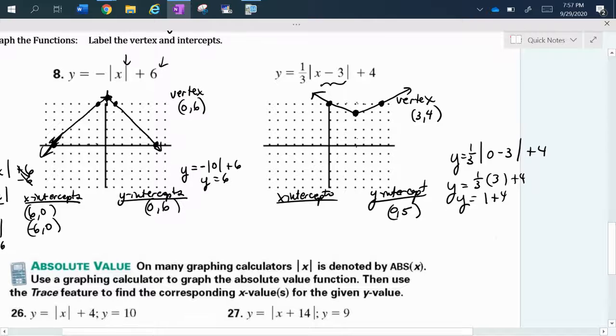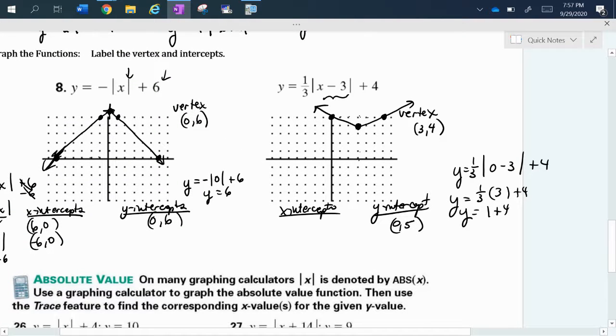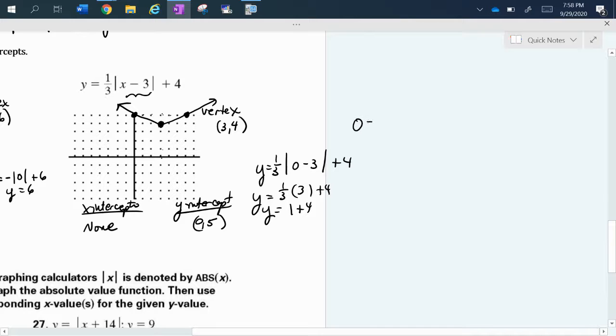And then I'm also going to look at this graph, and I'm going to decide that this graph will never cross the x-axis. So we can say with confidence that there are no x-intercepts. But I want us to show some algebra to prove that. So I'm going to plug in 0 for y and solve for x. First I'm going to get the absolute value by itself, so I'm going to subtract 4 from both sides, and then multiply both sides by 3 to get rid of that 1/3.